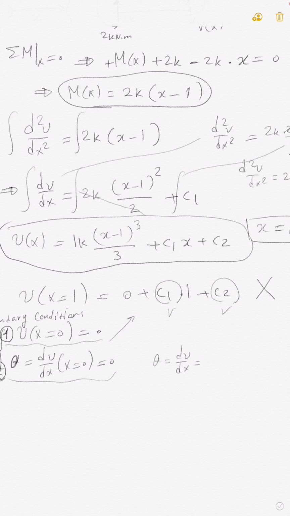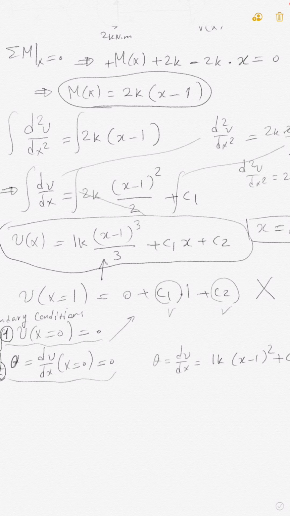Just simply take the derivative of that. What is dv/dx? dv/dx is simply 1k, the 3 cancels out with the 3, and you get (x minus 1) squared. Just take the derivative of this, right? So you get 1k times 3 times (x minus 1) squared, the 3 cancels out with the bottom, times the derivative of the inside, plus c1, okay? And c2 is 0.